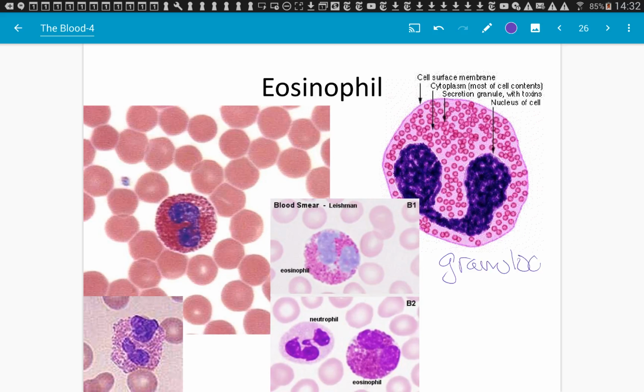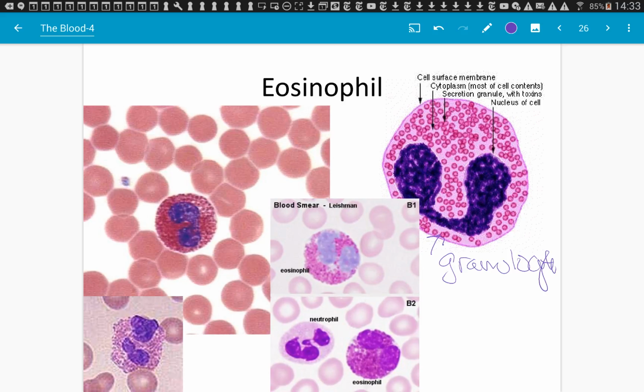The nucleus, it's kind of that U shape again, but it's smaller. It's not taking up most of the cell. It kind of has this narrow portion to it, and so you kind of have that U shape. It's smaller than we would see in the monocyte, and it has granules in it.